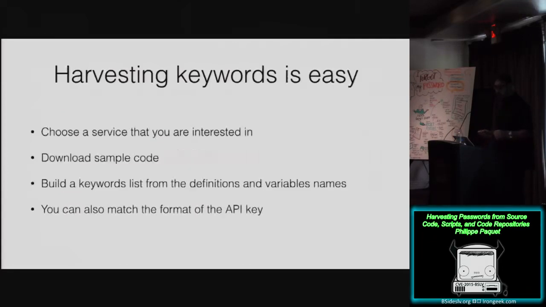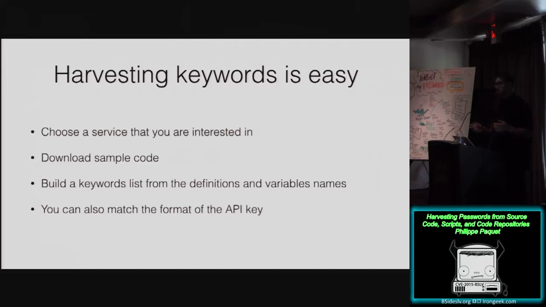Keywords. So you have your set of regular expressions for a good set of languages. Now you need to have a set of keywords. Harvesting keywords is very easy also. You choose your target service provider, you download sample code, and you look at the names of variables. Programmers usually are going to take the sample code and copy and paste it into their source code.